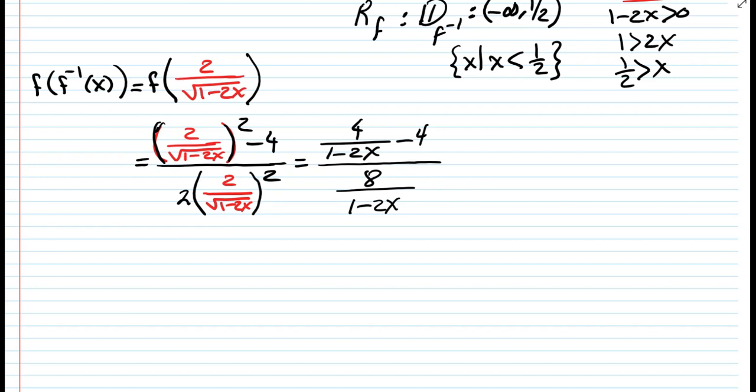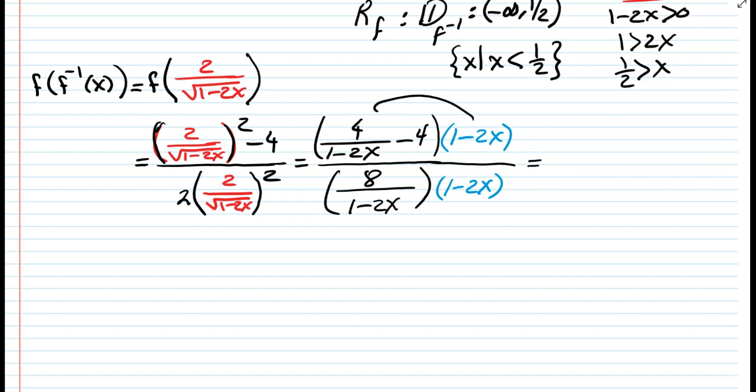All right. Now, I'm going to multiply the top and bottom by the LCD. The LCD is 1 minus 2x, the binomial in the denominator of both the top and the bottom fractions. So now when I distribute, 1 minus 2x cancels, so I have 4 minus.